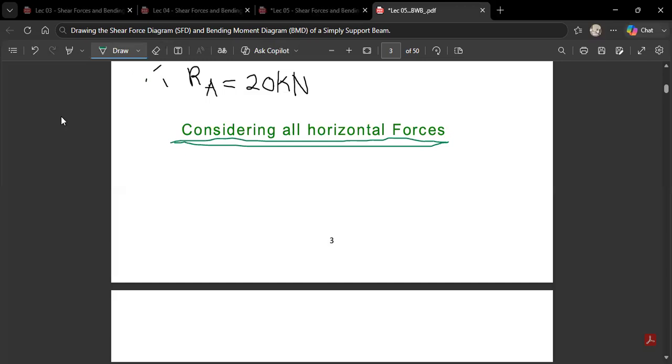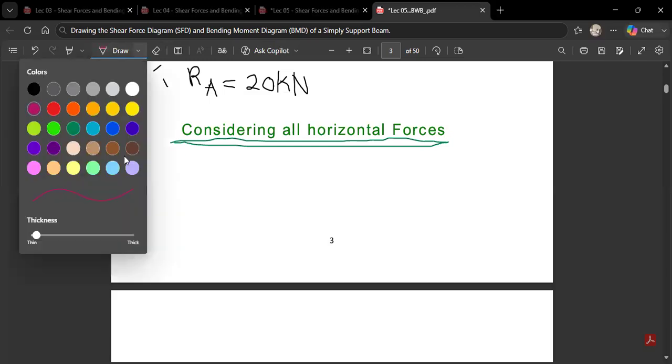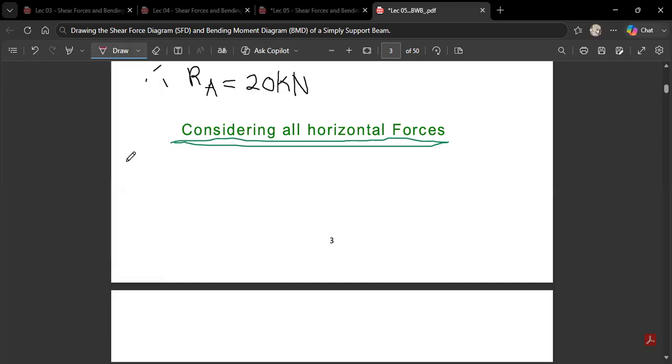So in the consideration of the horizontal forces, you put a rule down. That is the rule we are going to be using, that all forces that are moving towards the east are positive. Okay. So sum of all forces moving in the x-axis should be equal to what? 0.